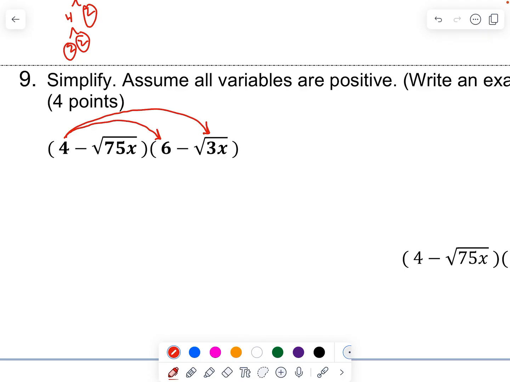You know what? It'll make it easier if I simplify that square root of 75x first. Let's do that. Square root of 75x. That's 25 times 3, 5 times 5.